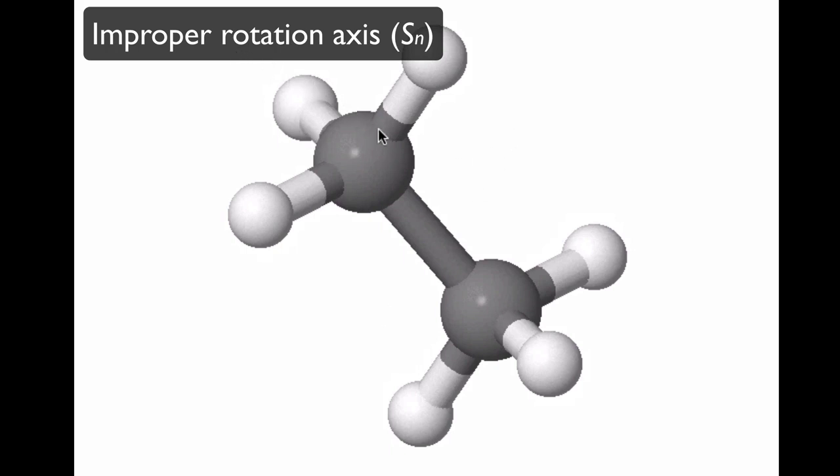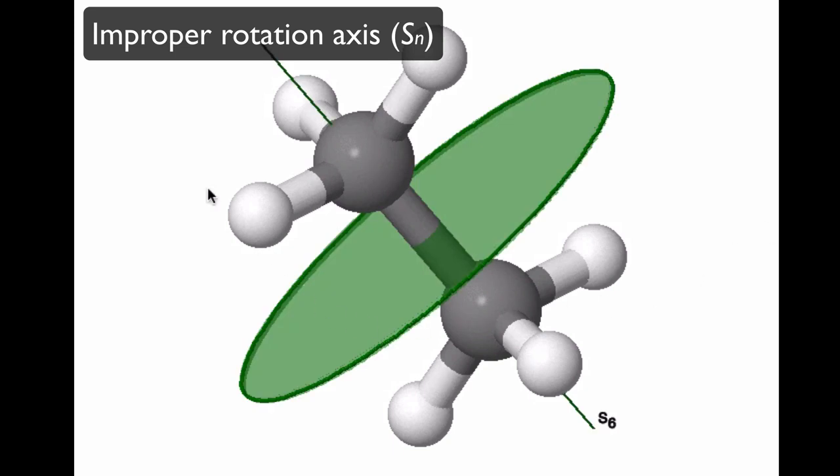So here's the rotation axis. I think we can show it. There's the rotation axis, that thin line going there. So we rotate about that, and then this plane here, well, that's our reflection plane, and it's perpendicular to the rotation axis.